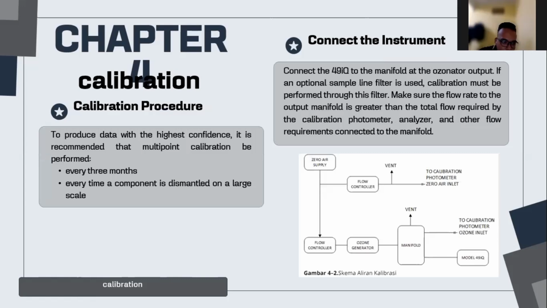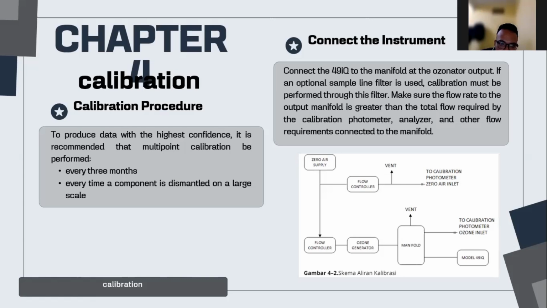The calibration procedure. To produce data with the highest confidence, it is recommended that multi-point calibration be performed every 3 months, and every time a component is dismantled on a large scale. Next, connect the instrument. Connect the 49iQ to the manifold at the ozonator output.